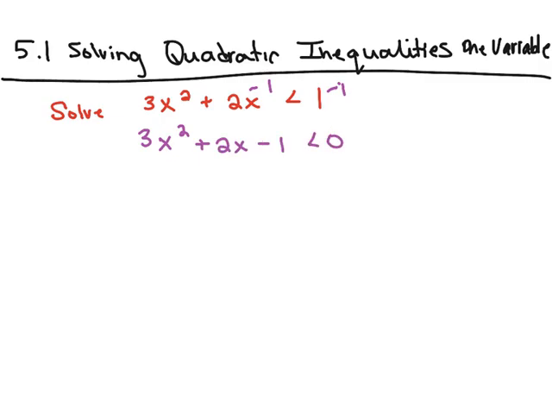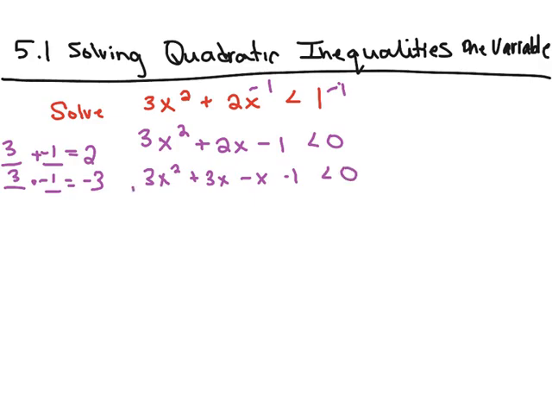Now we need to find the critical values, so that means we have to factor it and find our x-intercepts. So we need two numbers that add up to 2 and multiply to get -3, and they should be 3 and -1. So we have 3x squared plus 3x minus 1x minus 1 is less than 0. Split it into two groups, and we have 3x and -1.